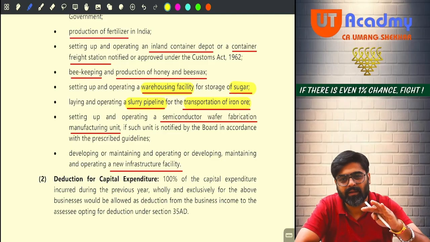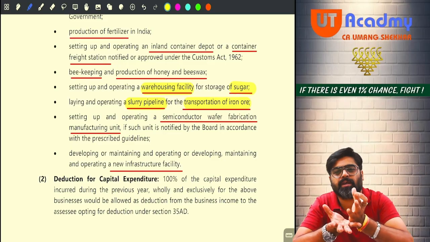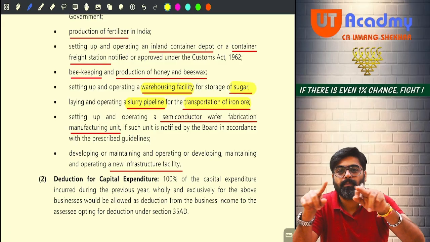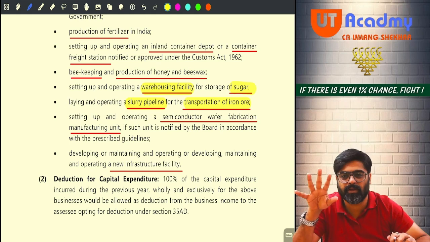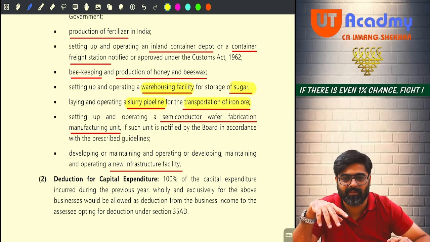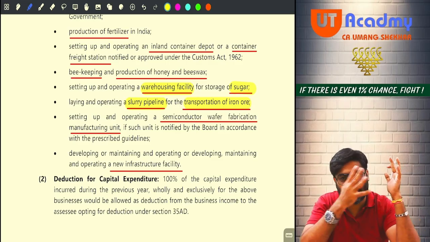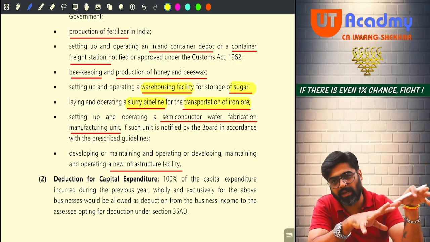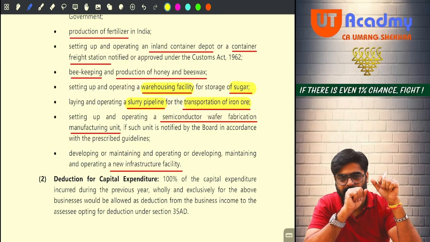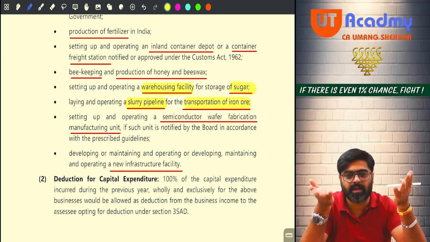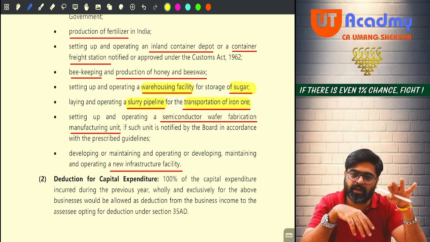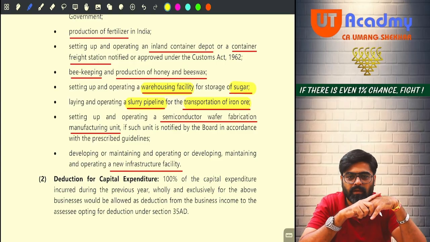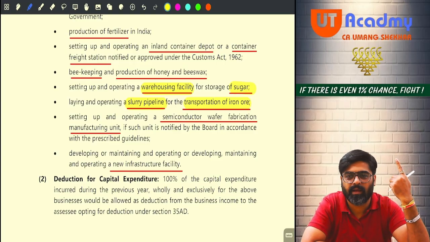Then that mud with full pressure through these pipelines is transported from one location to another, so the transportation becomes easy and huge transportation cost is saved. See, there are iron ore mines, where iron ore is extracted. What is the traditional method of transportation? Loaded on trucks and transported from mines to factories. Now somebody came with an idea.